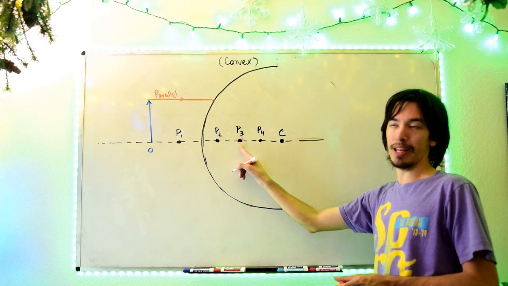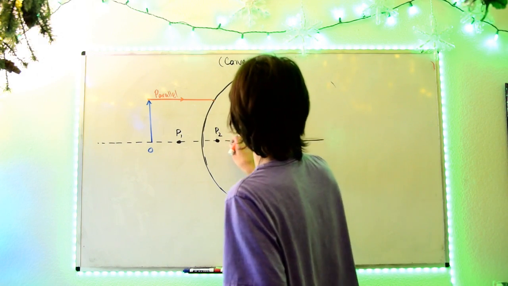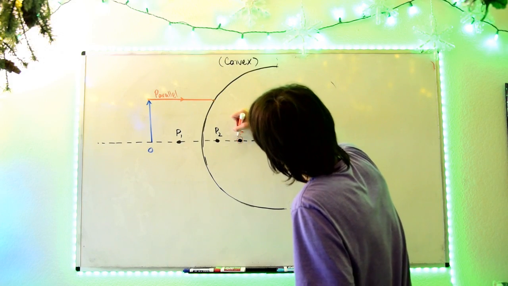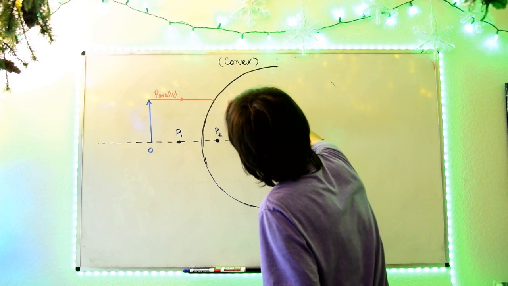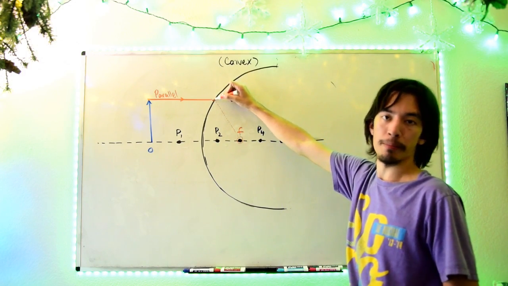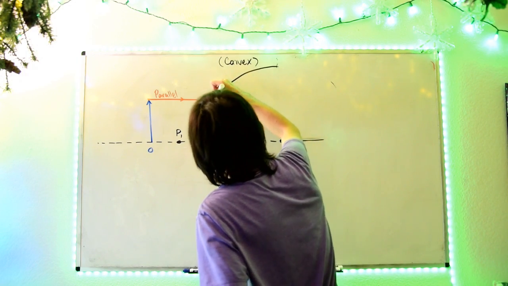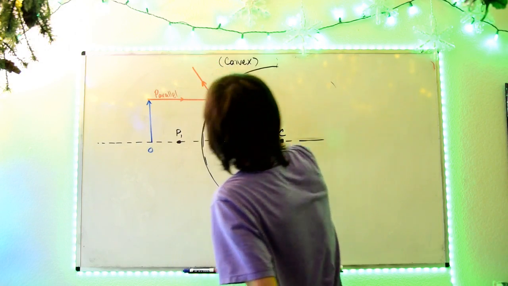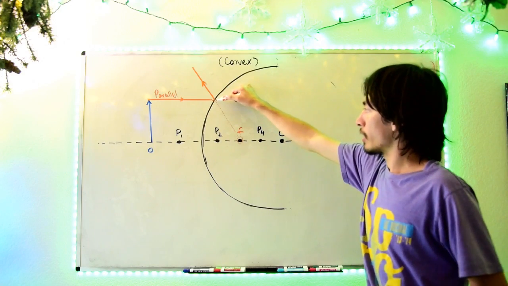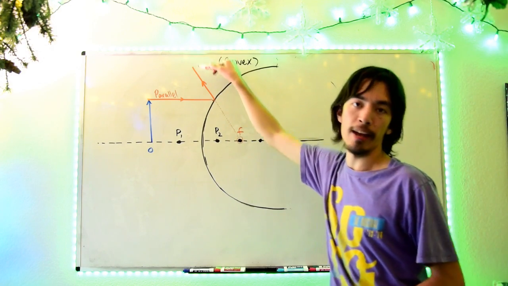So if this is your focal point right here at P3, so I'll actually just label that as F, then you can almost draw this line of sight that goes straight to where the parallel ray hits the mirror, and you just continue it out like this. And that's the direction that the ray actually reflects off, but this line indicates the direction that it came from.